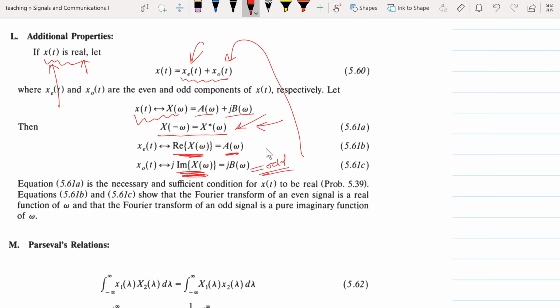That's a very important realization, that you can be asked to find the Fourier transform of the odd component of your signal x of t. And if it satisfies this condition, then we only need to look at the imaginary part or the real part to find the Fourier transform of the odd component and of the even component, respectively.